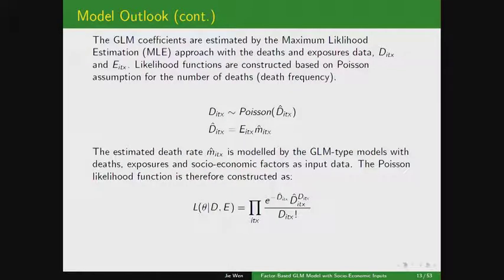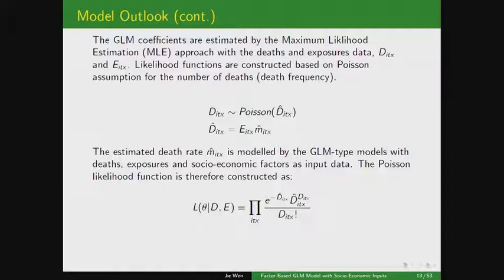And as Torsten has introduced already, our parameter estimation approach follows the quite commonly used Poisson assumption and uses MLE, the maximum likelihood estimation approach, to model all of the coefficients here.